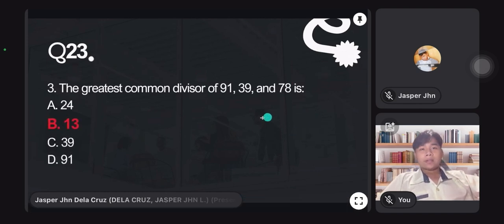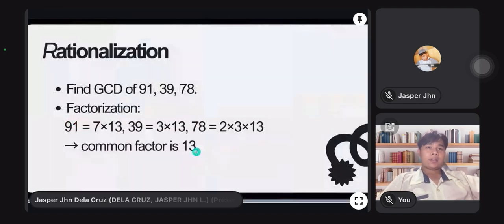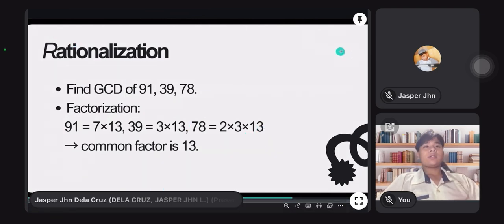Okay, so this is the solution, right? 7 times 13, that is 91. 3 times 13, that is 39, and 13 itself is 17. So the common factor is 13.